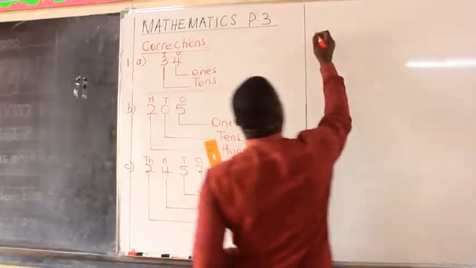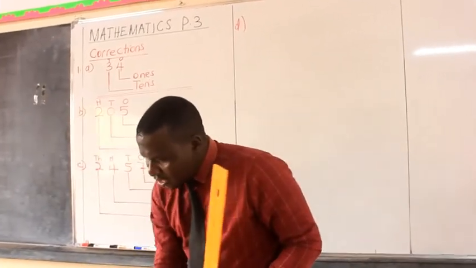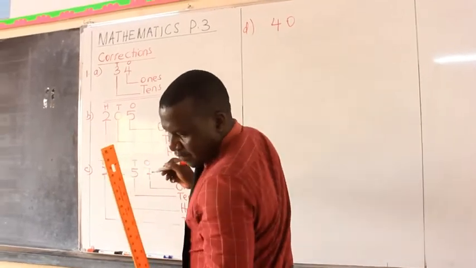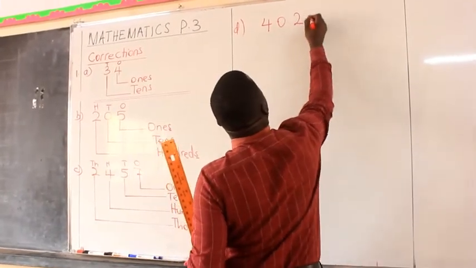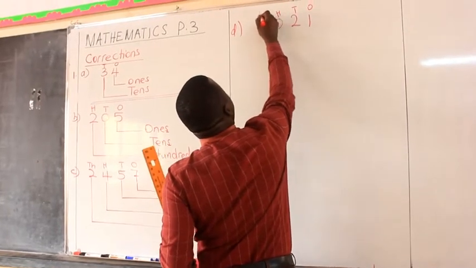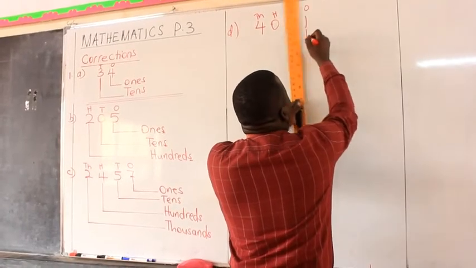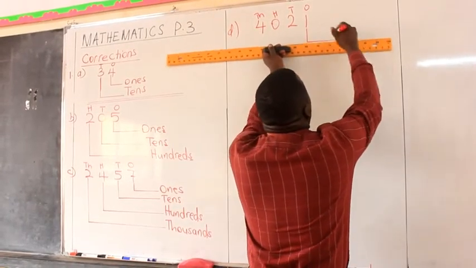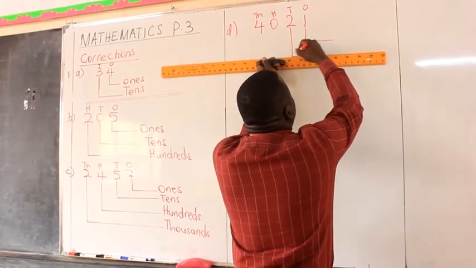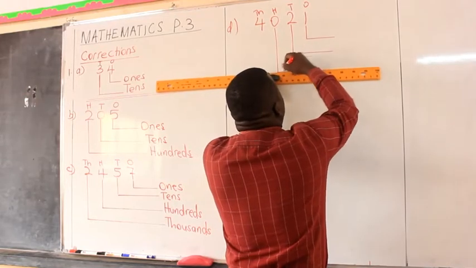Then part D. The number was 4,021. So this is under ones, tens, hundreds, thousands. This is ones. Then this is the tens. Then this is the hundreds.